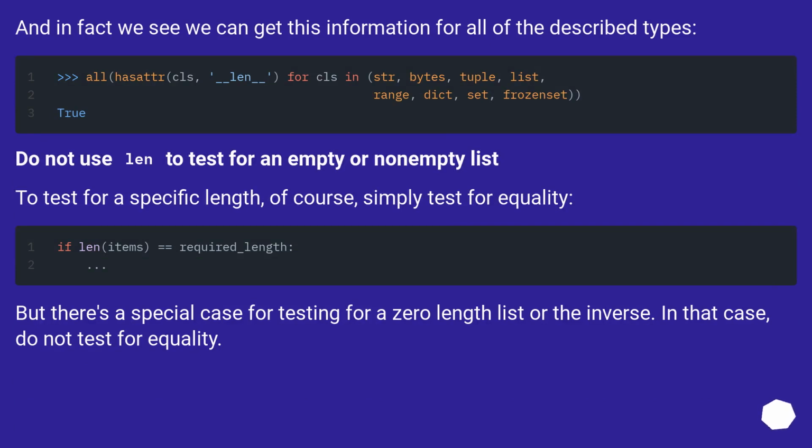Do not use len to test for an empty or non-empty list. To test for a specific length, of course, simply test for equality. But there's a special case for testing for a zero-length list or the inverse. In that case, do not test for equality.